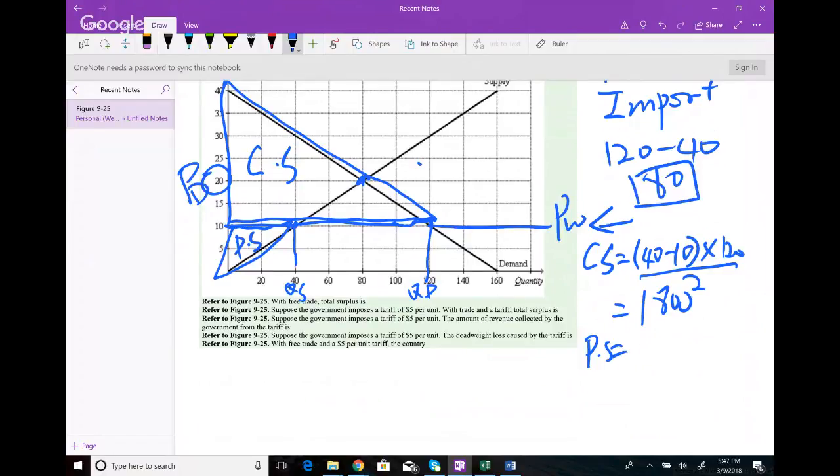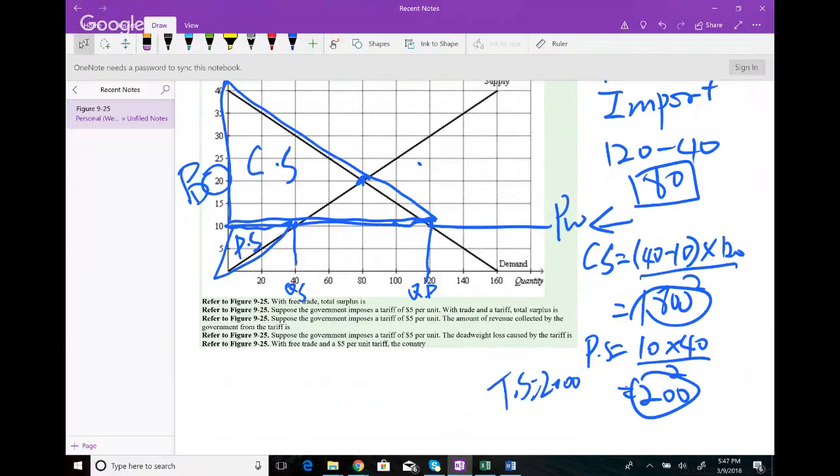So vertical difference is 10, horizontal difference is up to 40. So 10 times 40 divided by 2, and this should be 200. Okay, so for your total surplus, add them together. So total surplus is 1800 plus 200, so total surplus should be 2000. Okay, that's our total surplus.